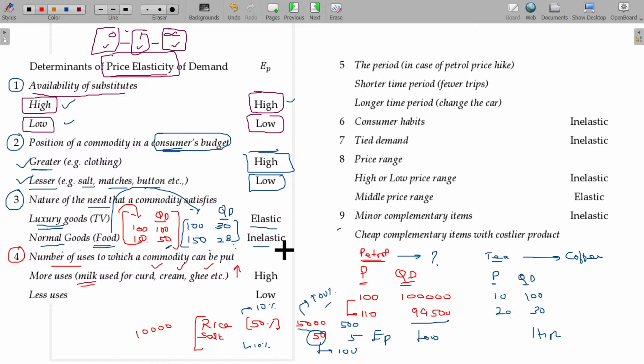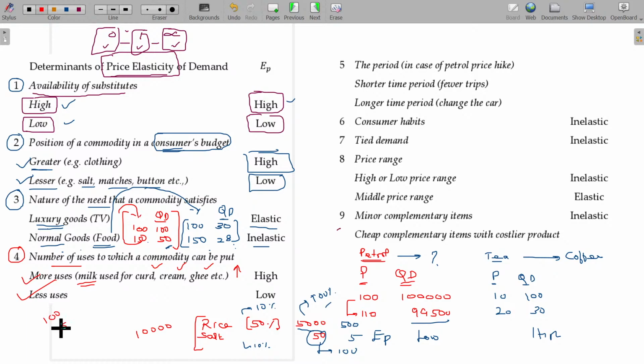When the price decreases, we purchase the milk and can use it for all purposes. Sometimes we can even use it for taking a bath. More uses, less uses. Salt, we don't have any other option. We cannot use it for all the purposes. Suppose salt becomes very cheap. Sir, 1 kg of salt was 100, today it's only 5 rupees.